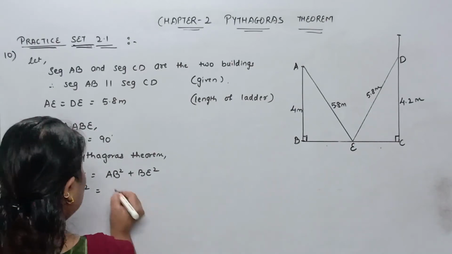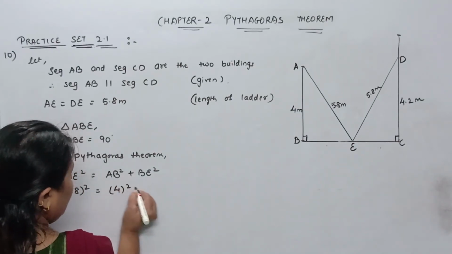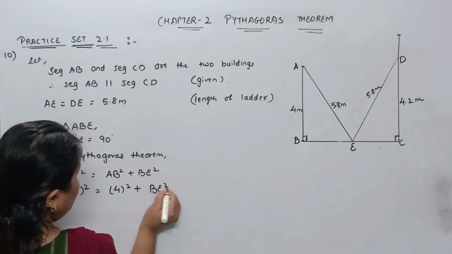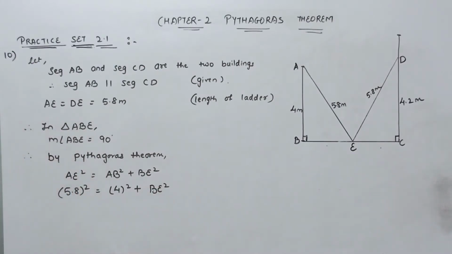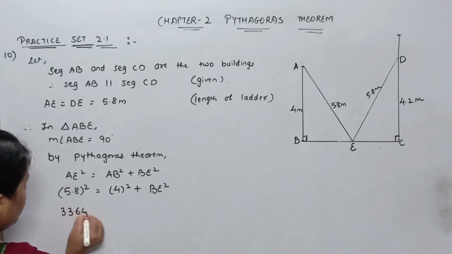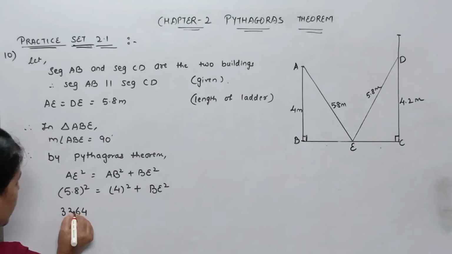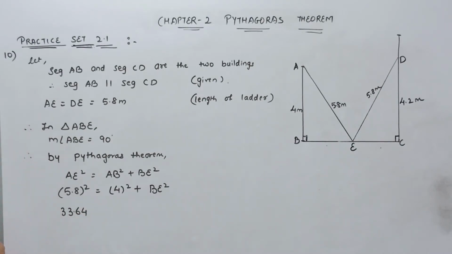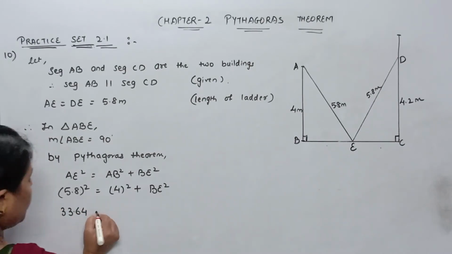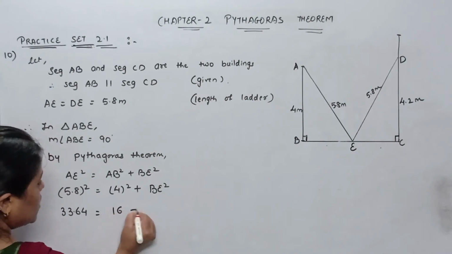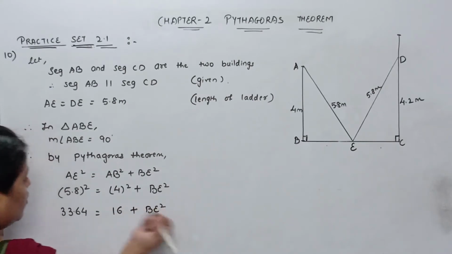So that is equal to 4 square plus BE square. Okay. Now 5.8 means 58 square we can calculate first. So it will be 3364 and the decimal will be here, 33.64 equals to 4 4s are 16 plus BE the whole square.